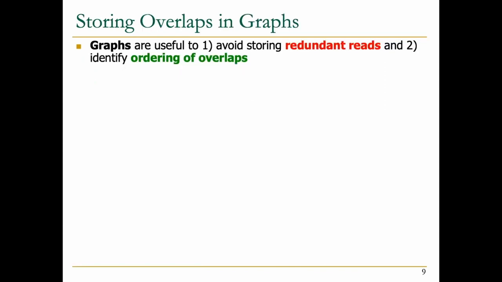For that, we use a graph data structure to store the overlaps. And we call that data structure an overlap graph. We use graphs because they are useful for two reasons. First, to avoid storing redundant reads.